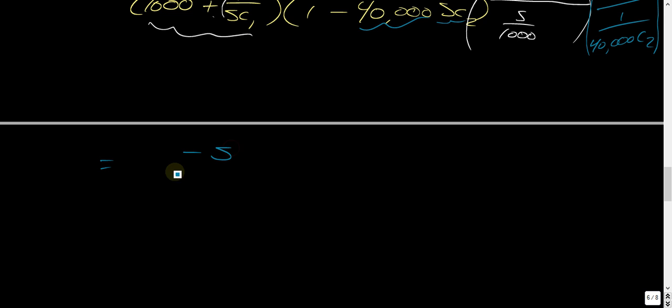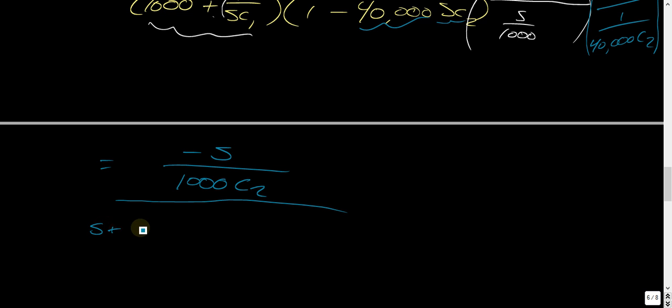minus S over 1,000 C2 all over S plus 1 over 1,000 C1.